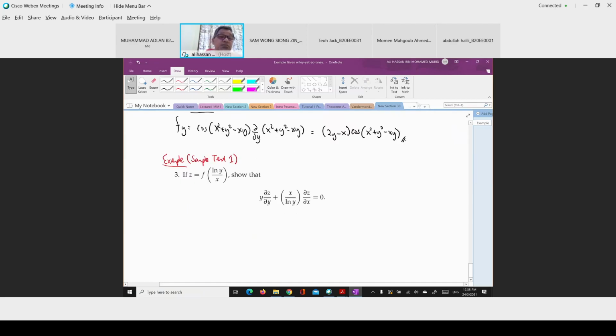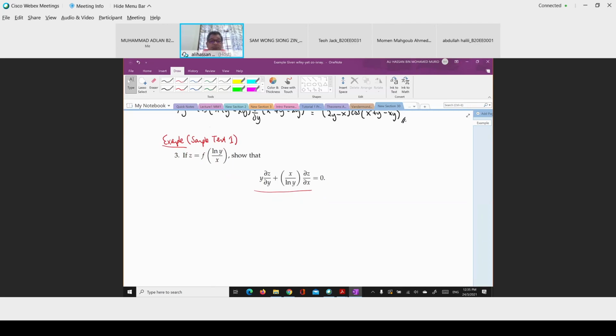How do you answer this? z is equal to f, some function, of ln y over x. This is a composite function here. Let's show that the following equation is true.